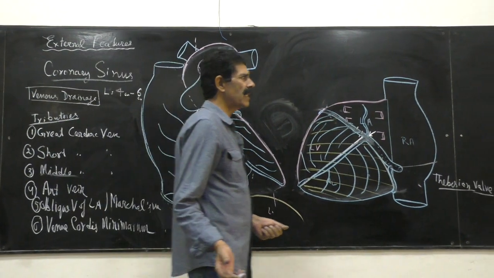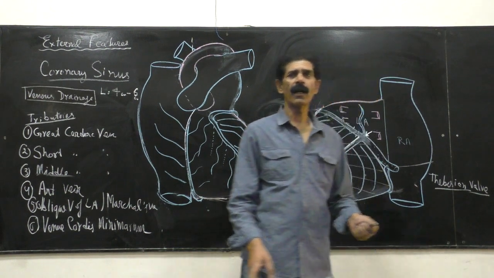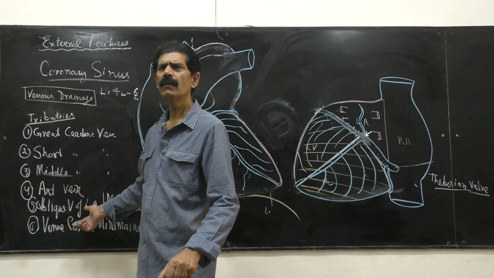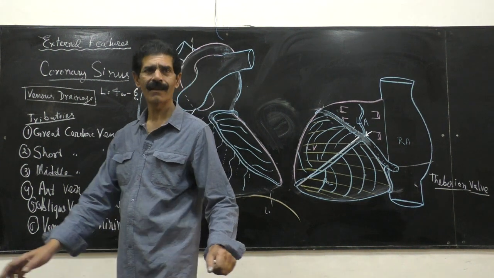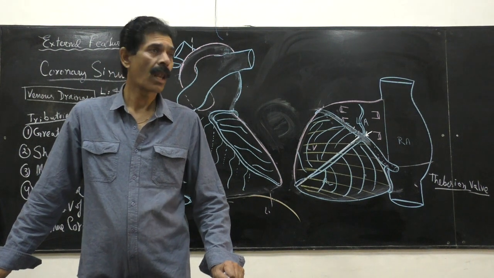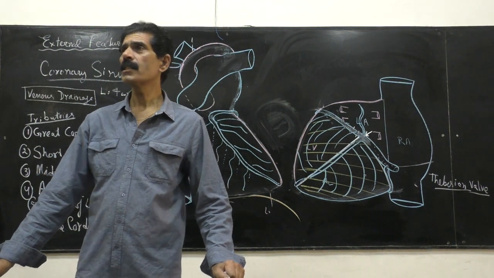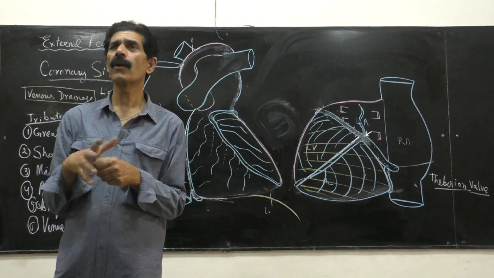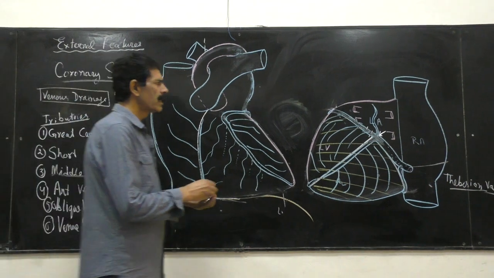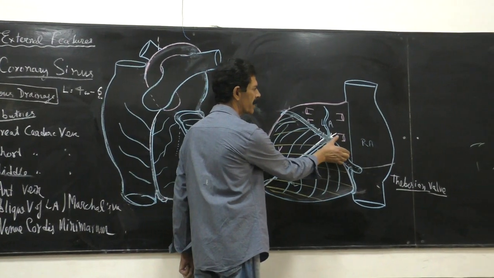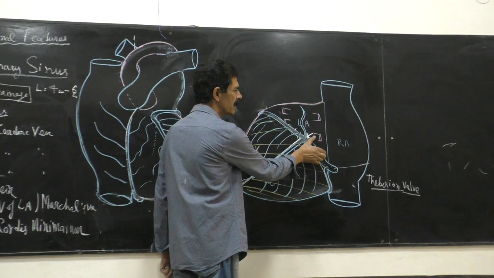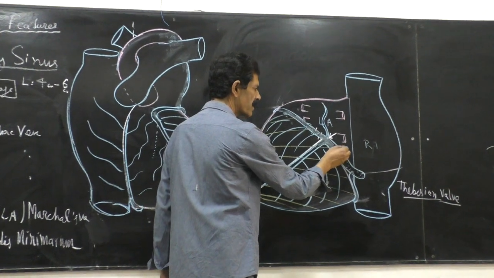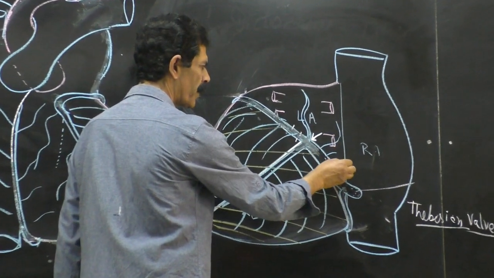Then the last but not the least, the venae cordis minimae. Venae means veins, multiple veins, cordis means the heart, and minimae means small. So these are the small veins. They directly open into the coronary sinus. For example, this area is without any tributary. This is not drained. So small veins, they directly open into the coronary sinus.